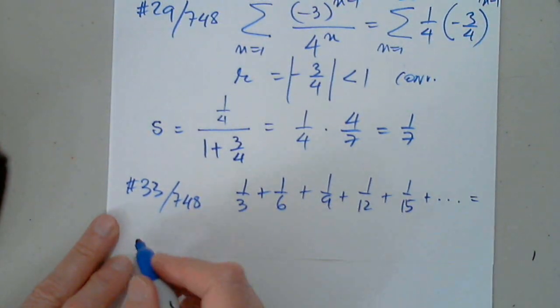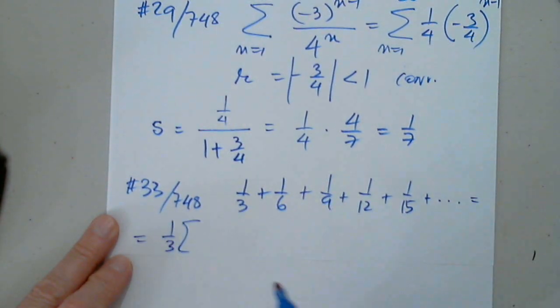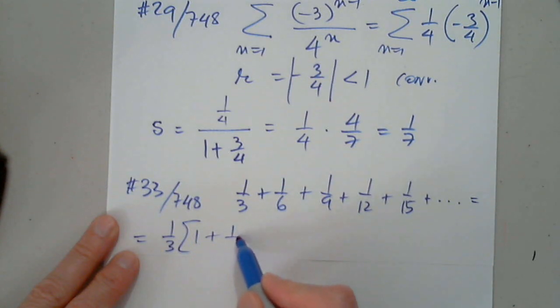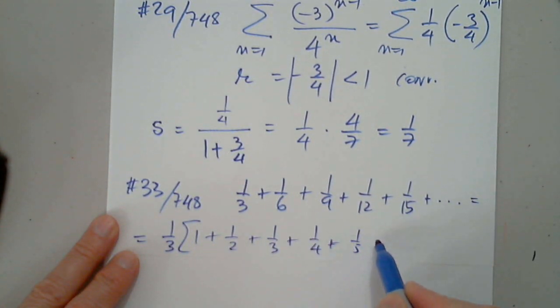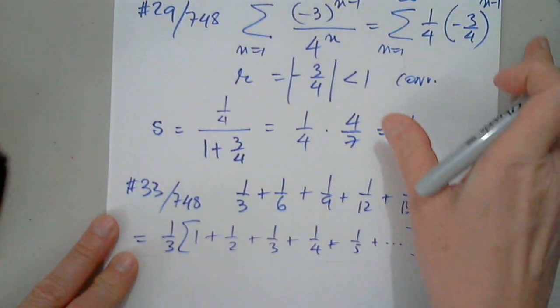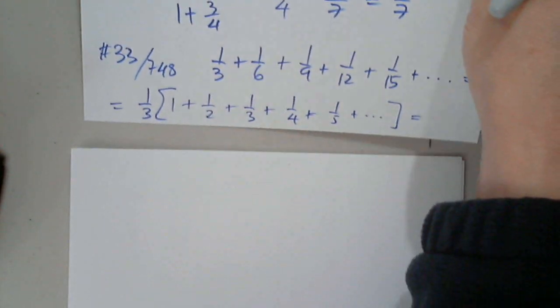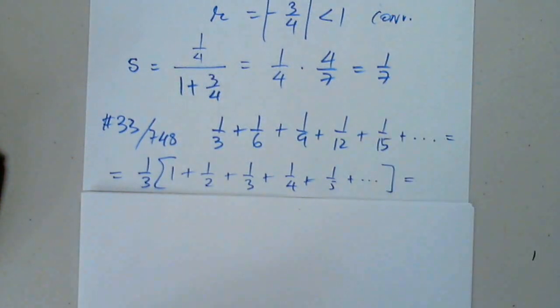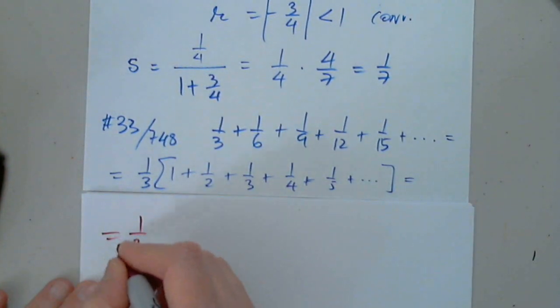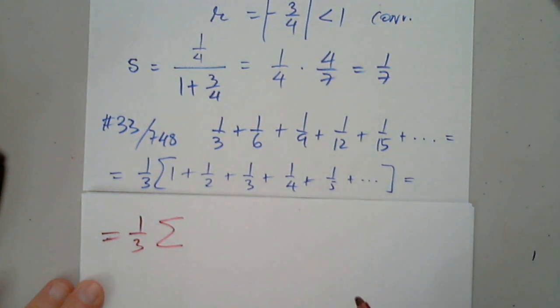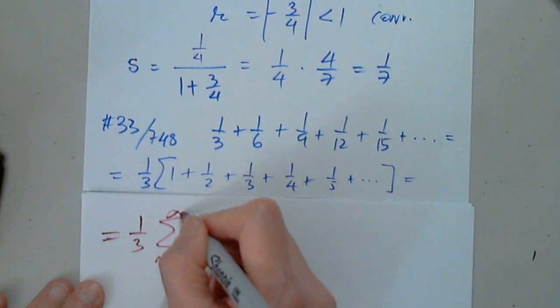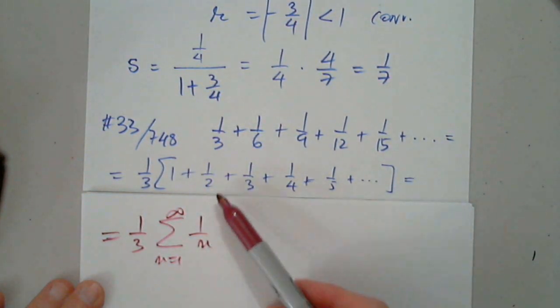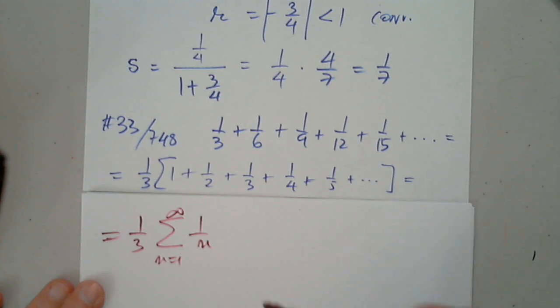Okay, so notice that we can factor out 1/3 from this whole thing, and we get 1 plus 1 over 2 plus 1 over 3 plus 1 over 4 plus 1 over 5 plus dot dot dot, which is basically 1/3 outside, and the sum of 1 over n as n goes from 1 to infinity. n equals 1, n equals 2, n equals 3, and so on and so forth.